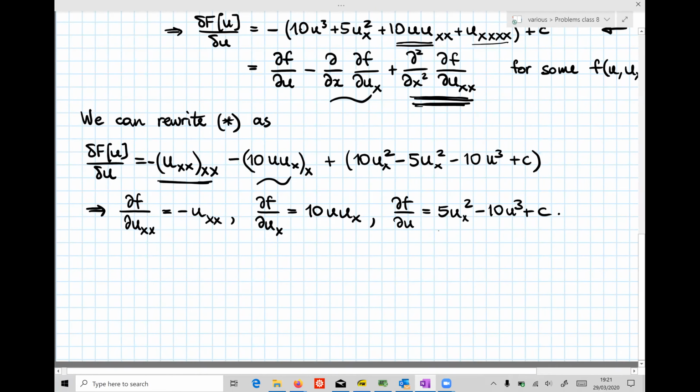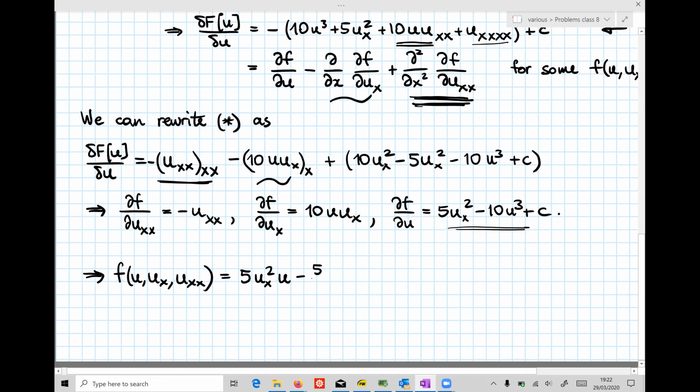If we integrate the last equation, the partial derivative of f with respect to u is given by this expression here, then we obtain that f of u, ux, uxx is given by, when we integrate with respect to u, 5 ux squared u. Here we're treating u, ux, uxx as independent variables. So we have 5 ux squared u. And then the next term, we have to integrate u cubed. That gives u to the fourth divided by 4.